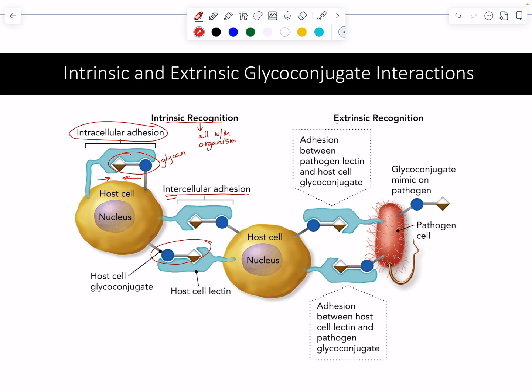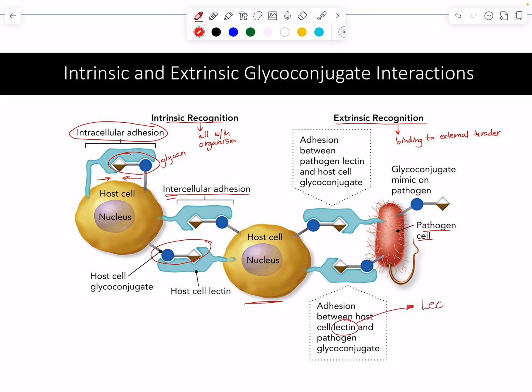And extrinsic recognition is going to be between a pathogen and a host cell. So this is going to be binding to an external invader. In this case it's shown as a little bacteria, so here's our pathogen cell, and here is the cell of our organism. Now you'll notice the word lectin is being used here.